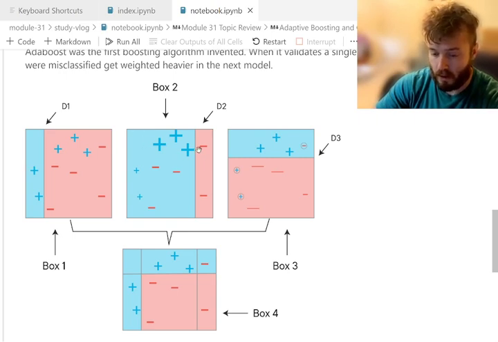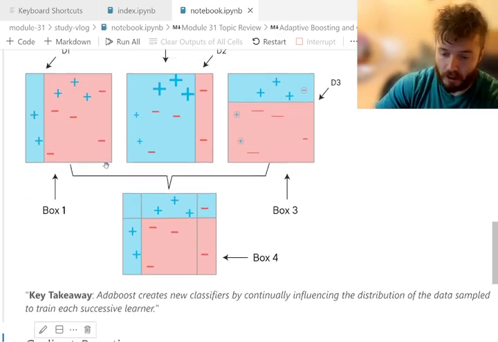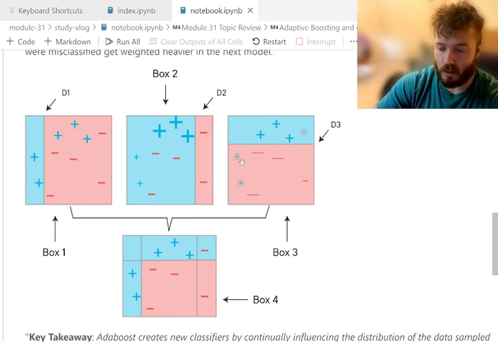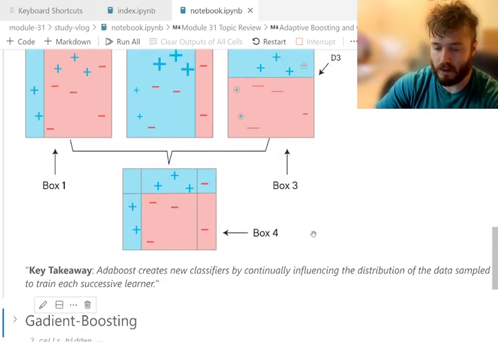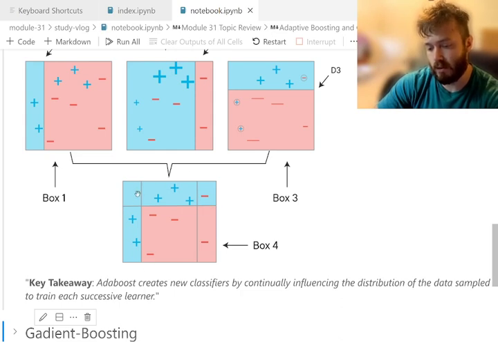They get weighted heavier in this next one, and so they end up getting properly classified. But now these negatives were misclassified, so you can see they're bigger and weighted more heavily in the next one. Then when we aggregate these various models with their various weights for the various data points, we get a pretty good capture or prediction of the observations.